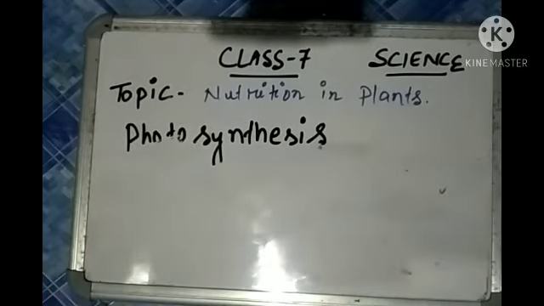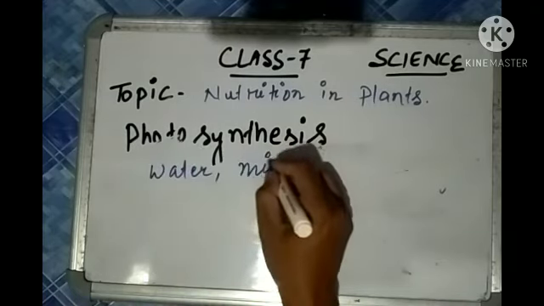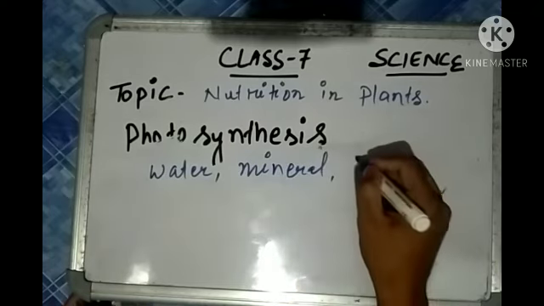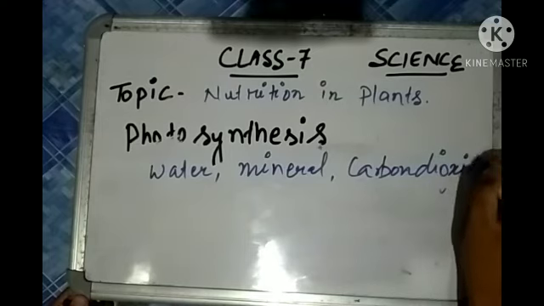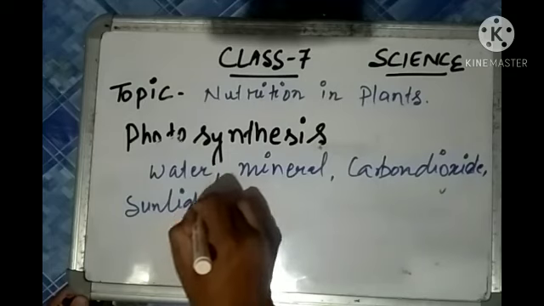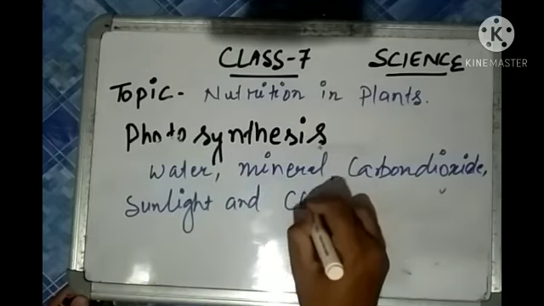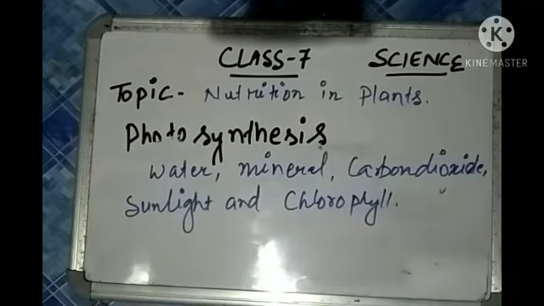In photosynthesis, plants require water, minerals, carbon dioxide, sunlight, and chlorophyll. So in order to carry out photosynthesis, plants require water, minerals, carbon dioxide, sunlight, and chlorophyll.